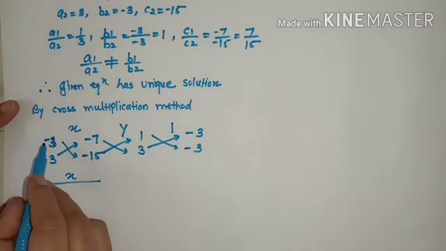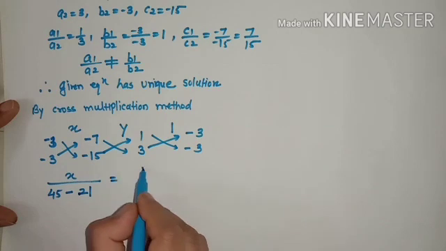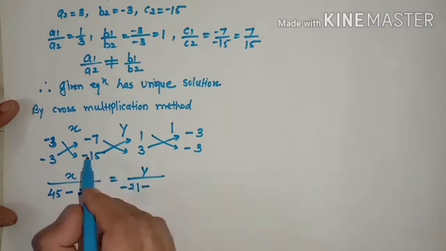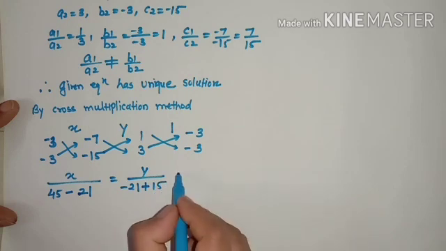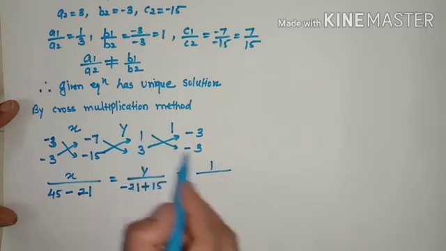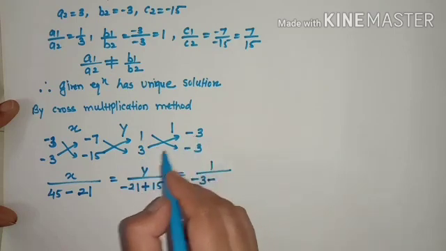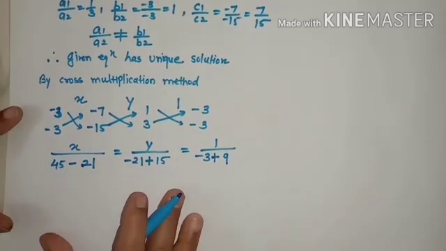x upon -3 into -15, we will get 45, 7 3s are 21, y upon -7 into 3, -21, -15 into 1, we will get -15, which will convert into plus 1 upon 1 into -3, -3, 3 3s are 9, -9. It means minus plus.